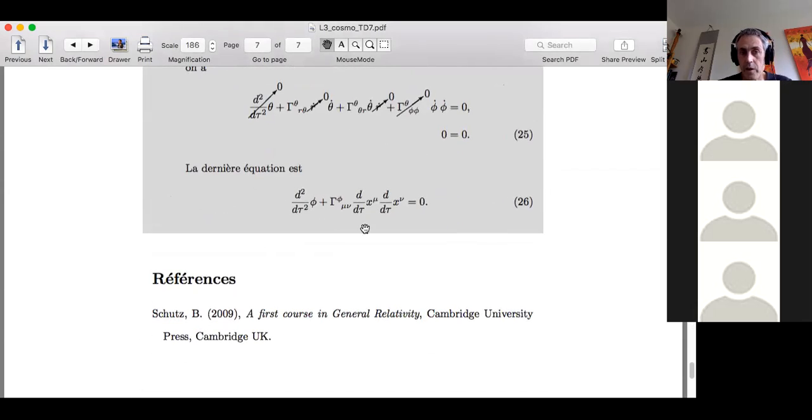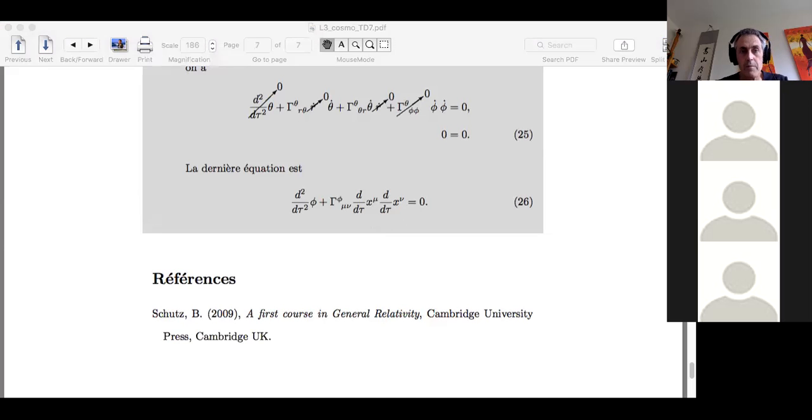So this is the last equation. Il y a, on a dit, 4 symboles de Christoffel non zéro en général, mais theta égale à pi sur 2, on n'a que 2.